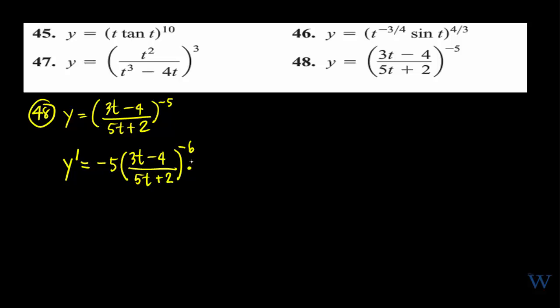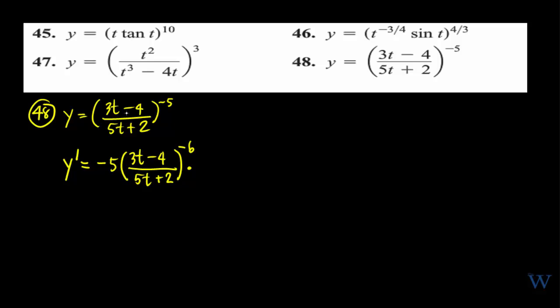Then you don't stop there because that's just taking the derivative using the power rule with respect to the argument of y, which is really like your u. The whole quotient is your u. So multiply by du by dt, and that is where we're going to have to use low d high less high d low over the square of the low we go.